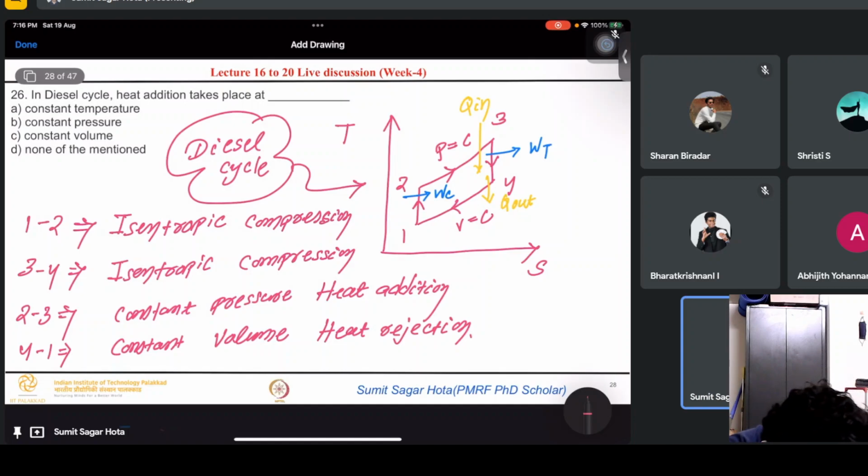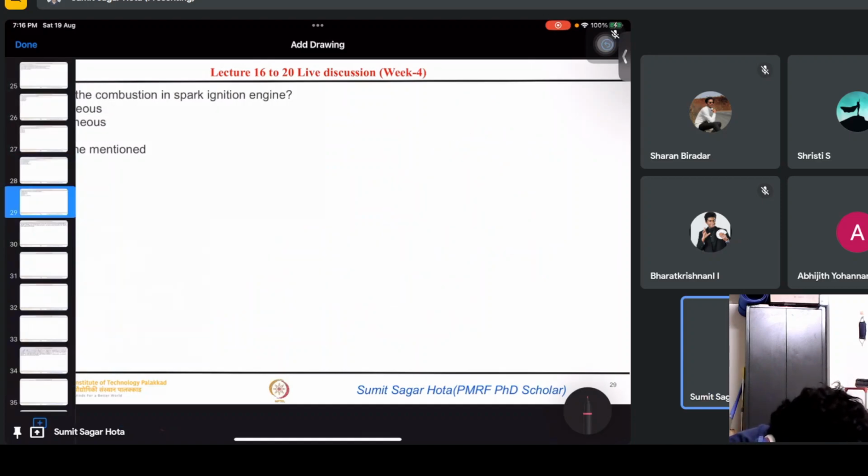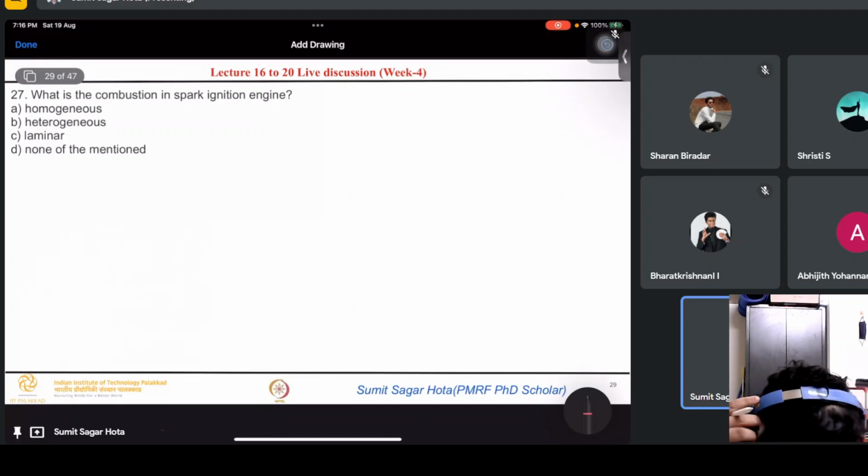So now next question. What is the combustion in the spark ignition engine?